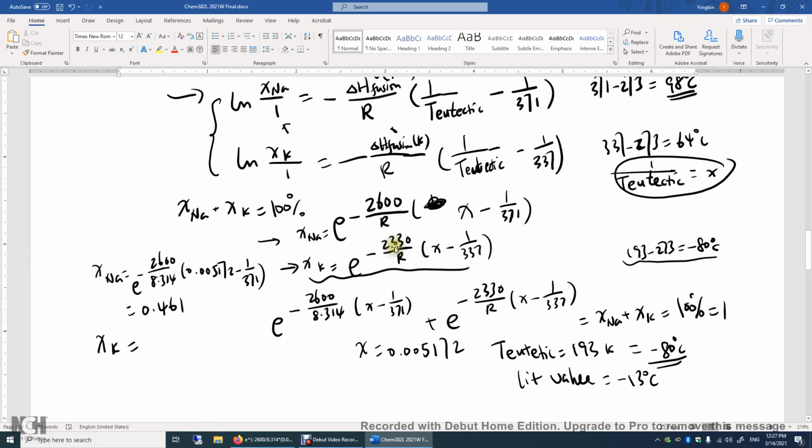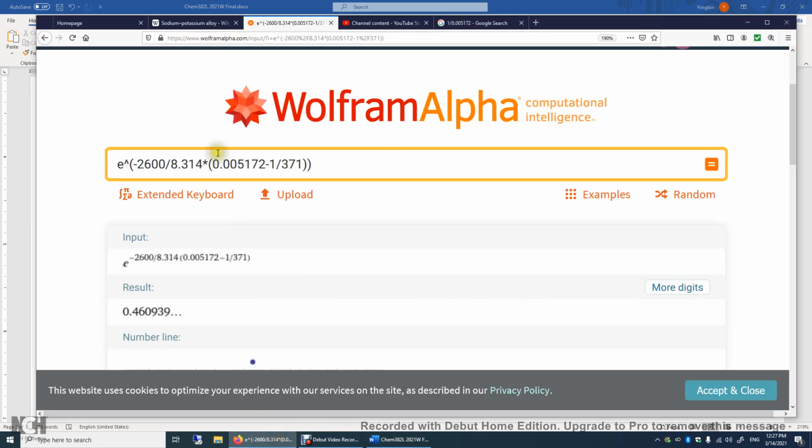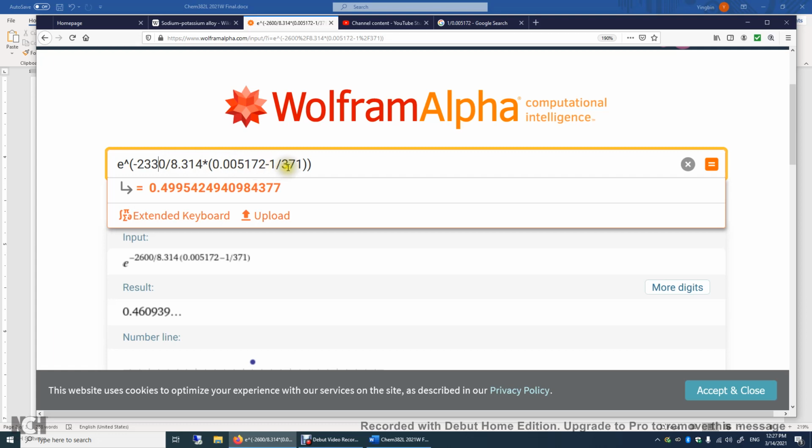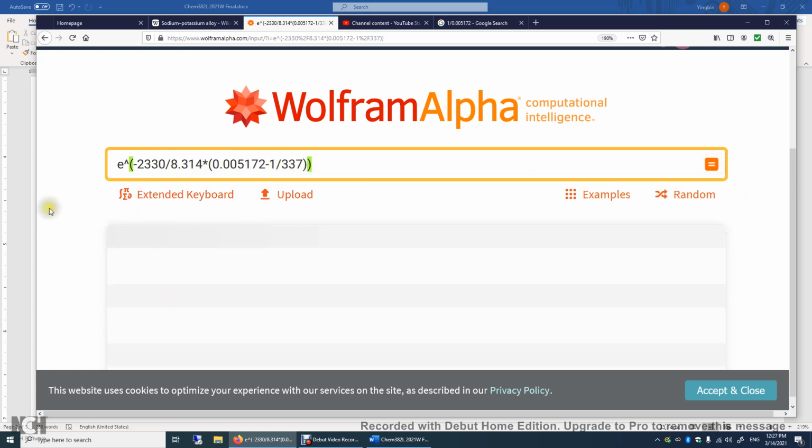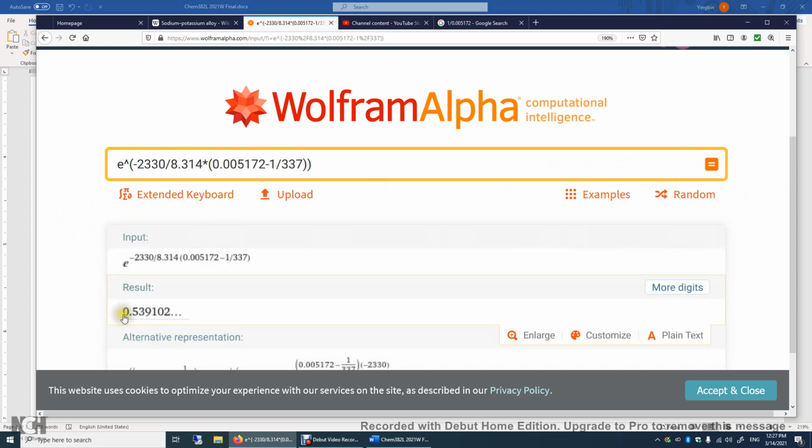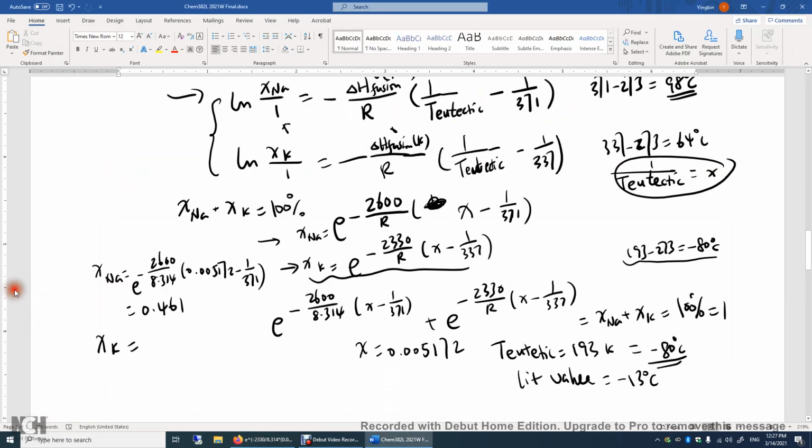We just need to use the enthalpy of fusion for potassium and the melting point for potassium. 0.539, and then we can double check.